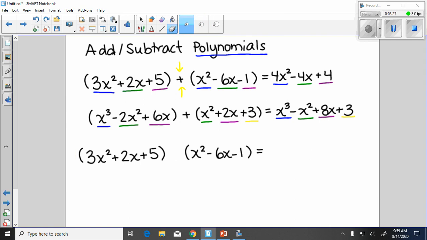So let's say that instead of doing addition, maybe I'm asked to subtract those 2 polynomials. Now, subtraction of an expression is something that we have to be careful of. These parentheses mean we are subtracting the entire expression, not just the x squared that's out there in front. So I have to be sure that I distribute that negative sign to all 3 of those terms there.